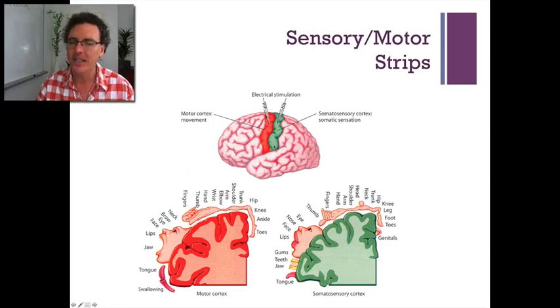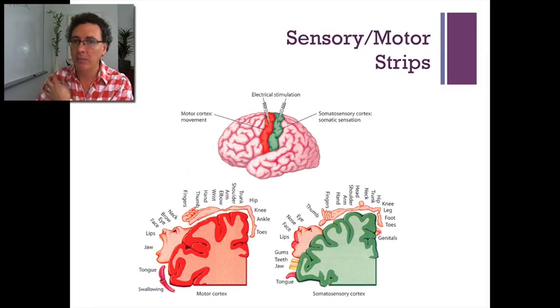And again, what it's doing is receiving input from the body. In fact, you can find out exactly what part of the body relates to what part of this cortex by measuring electrical activity. Typically they did this in animal brains initially: you can put probes in the brain and then stimulate parts of the body.